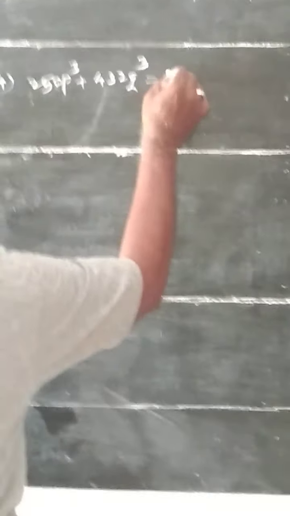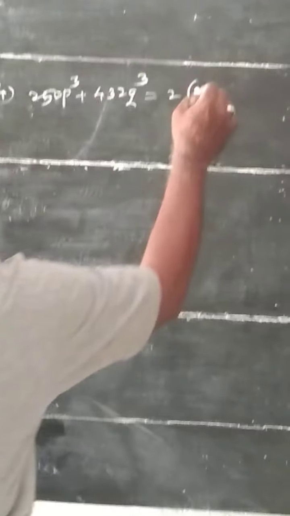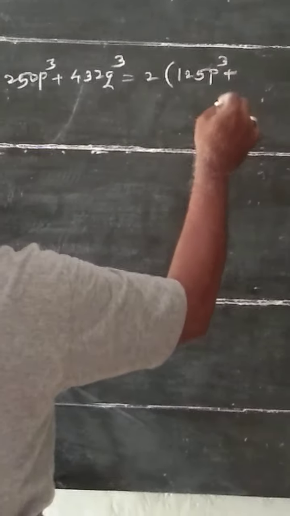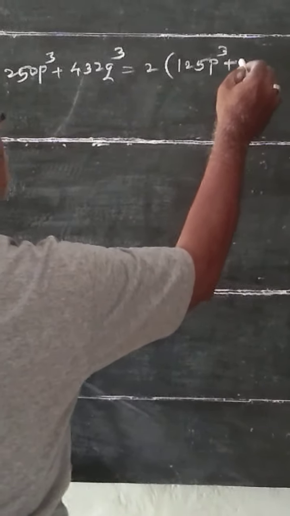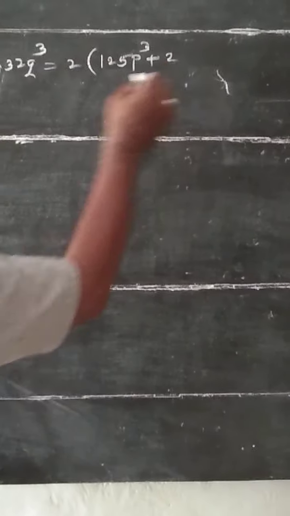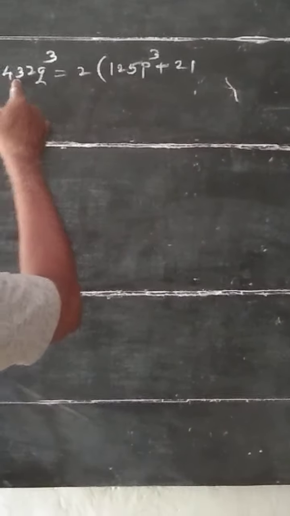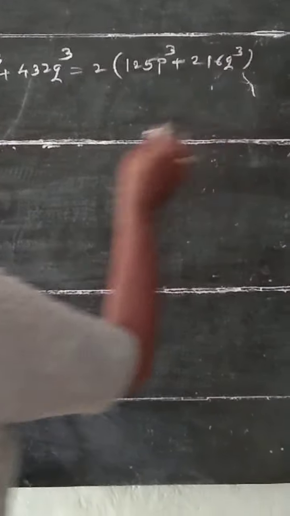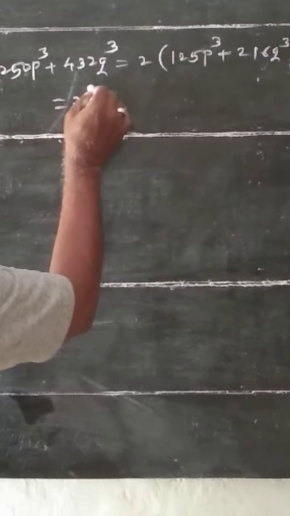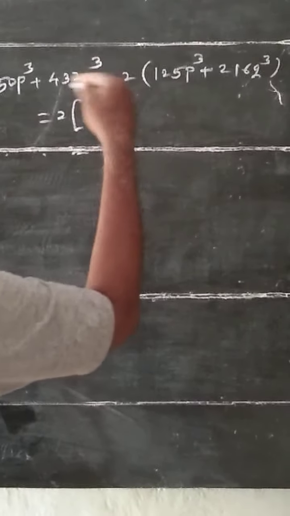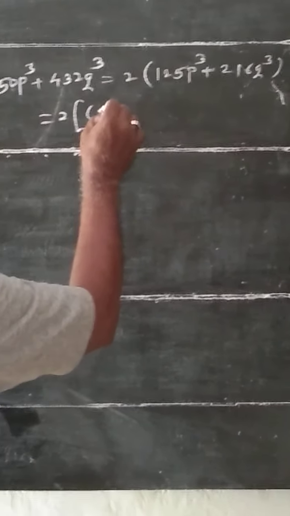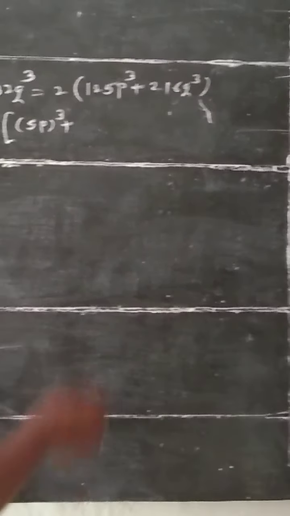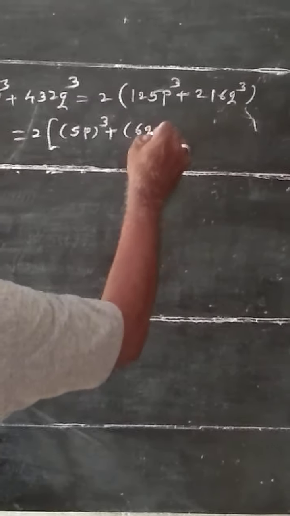In that take 2 common, in round bracket 125p cube plus 216q cube. Again it is equal to 2 in square bracket, 125p cube is the cube of 5p, and 216q cube is the cube of 6q.